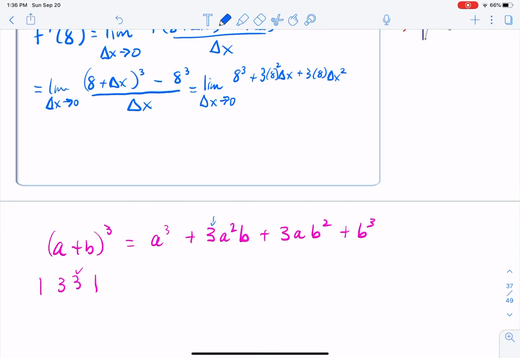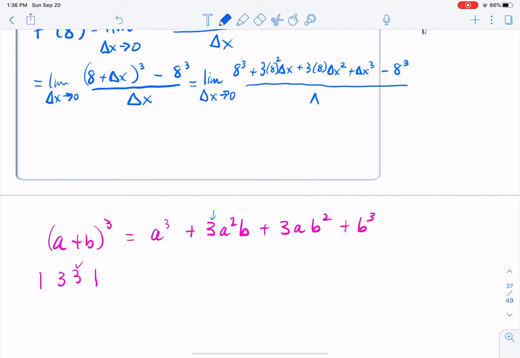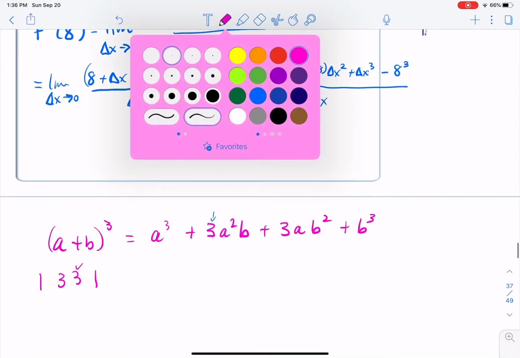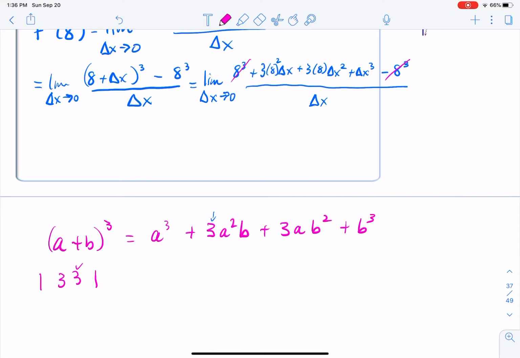And then the last one is 1 times a delta x to the third power. And then finally, minus 8 cubed, all of this over delta x. Now you can probably see why I didn't cube out the 8, because it just disappears. Does anything else disappear? Doesn't look like it.